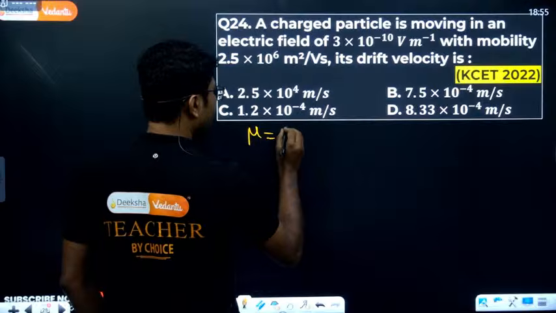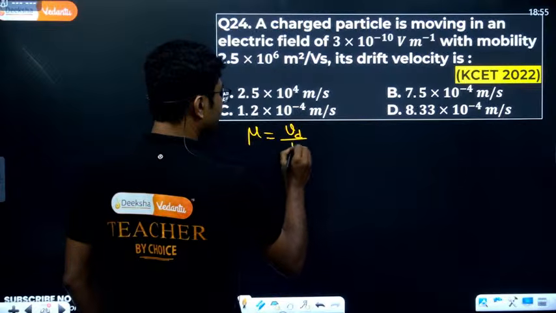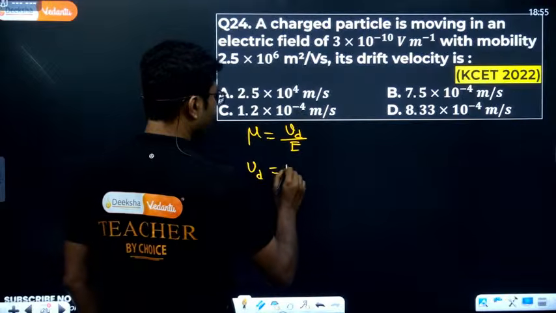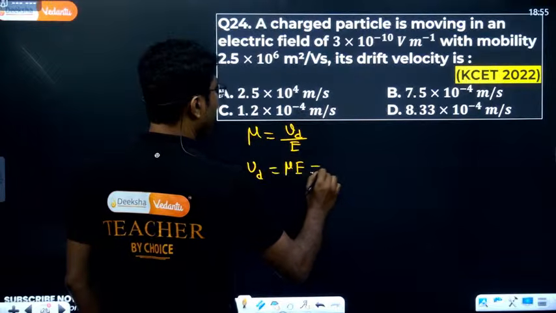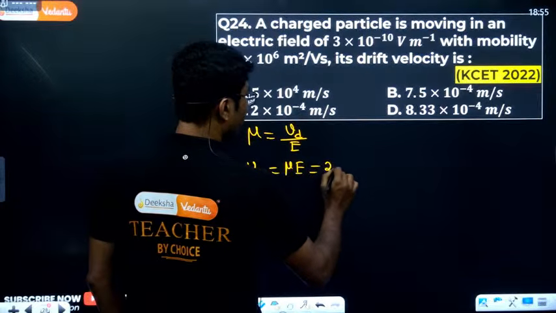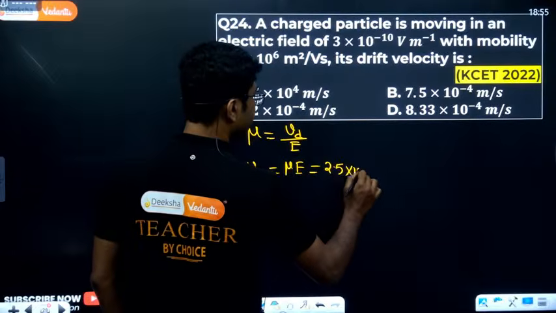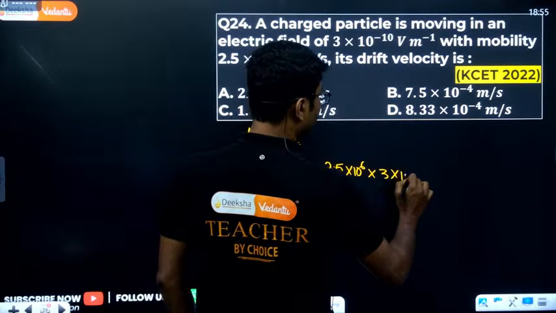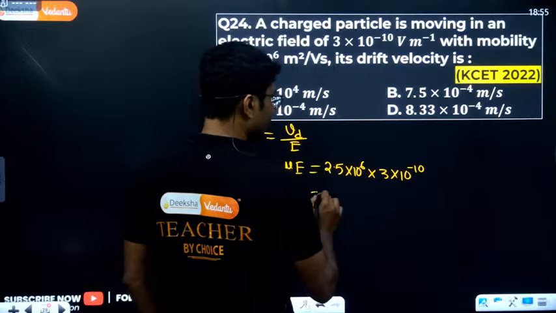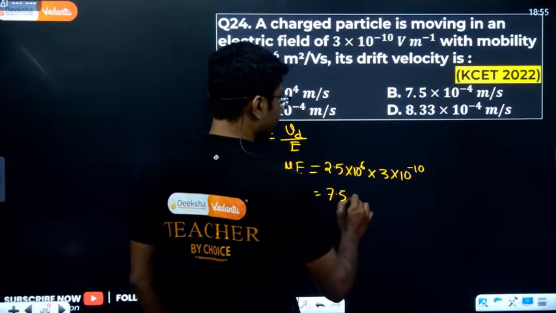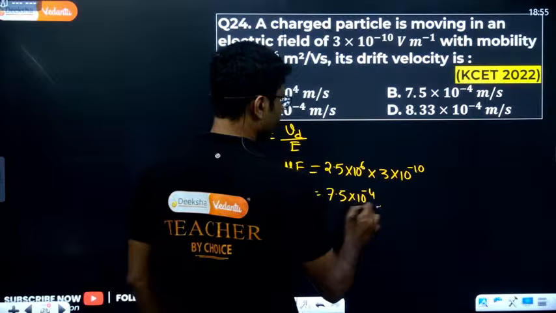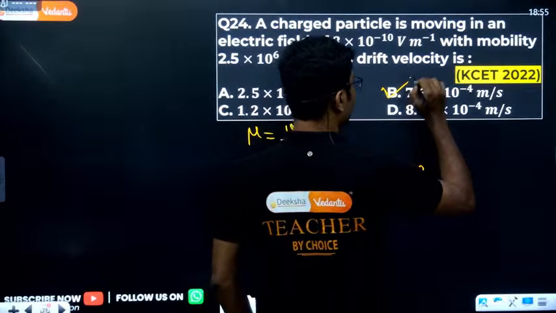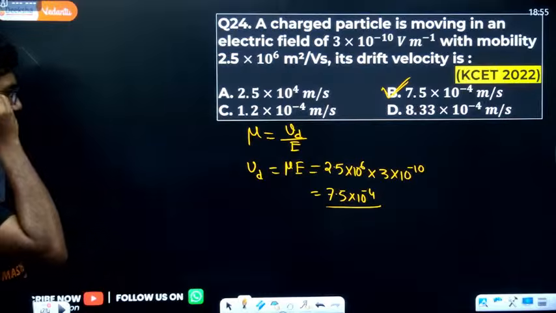Mobility is drift velocity per unit electric field, that is Vd upon E. So Vd equals mu into E. Mu is 2.5 into 10 to the power 6 and electric field is 3 into 10 to the power minus 10. So it will be 7.5 into 10 to the power minus 4. So option B is the correct answer. Easy question, easy solution.